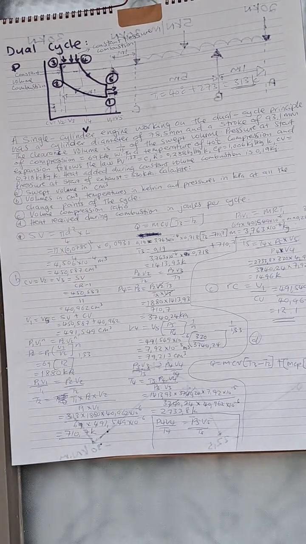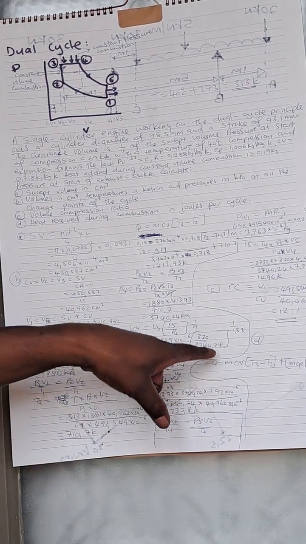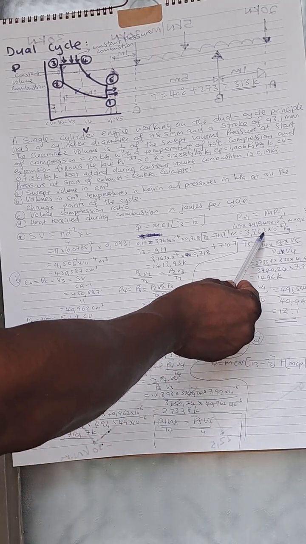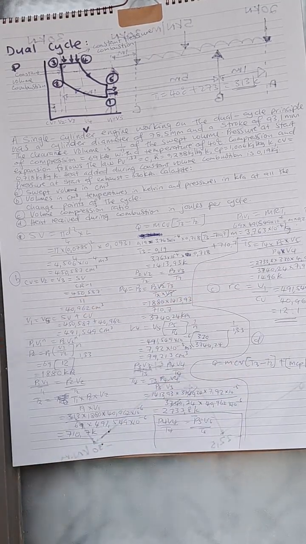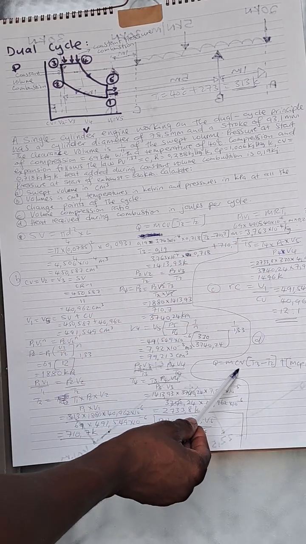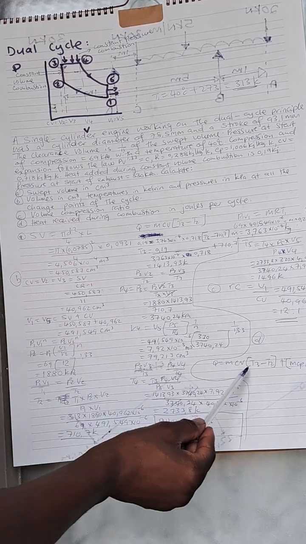So we have everything at our disposal. We already calculated our mass, which is 3.763 times 10 to the power of negative 4. You substitute it here. Our CV is given as 0.718.